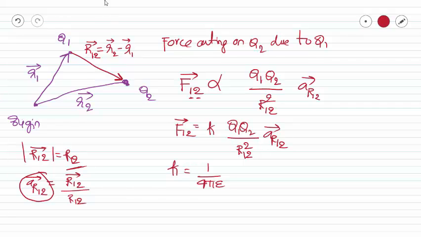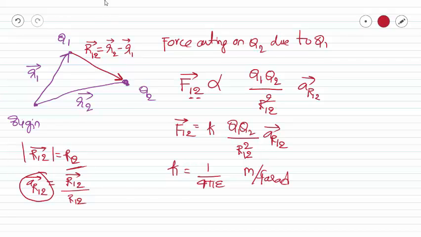So as per the parameters involved here, force will be in newtons, Q1 Q2 will be in coulombs, and R12, which is the distance, will be in meters. So the parameter k has the units of meter per farad.